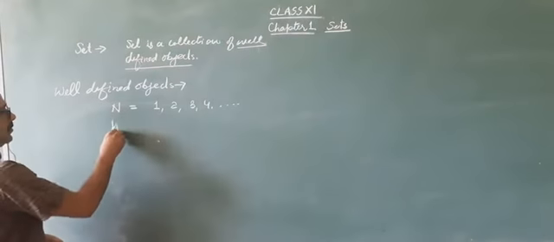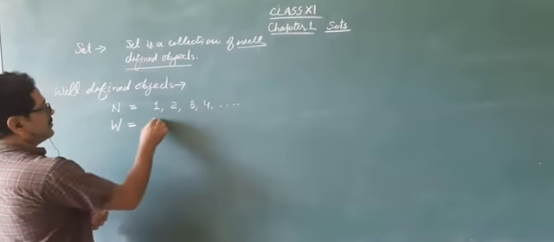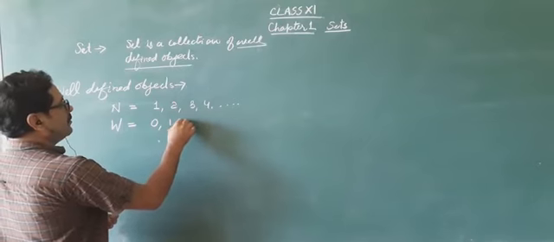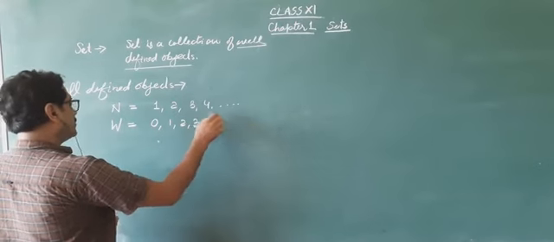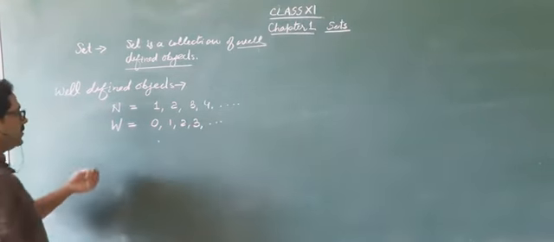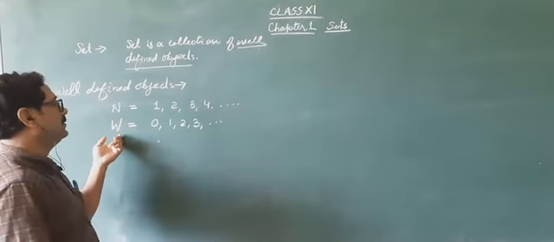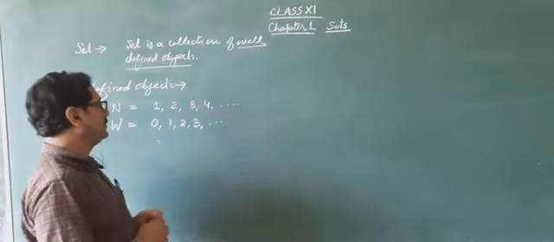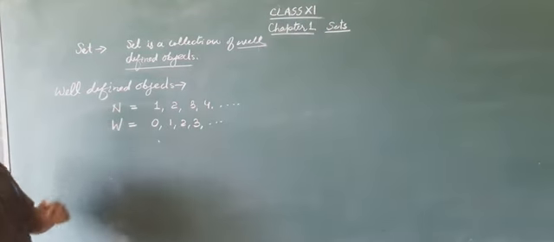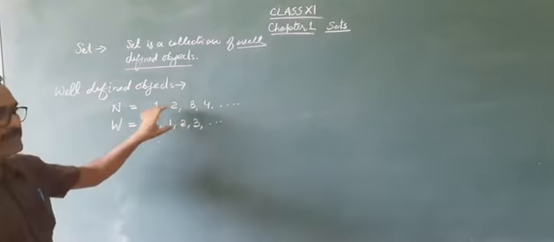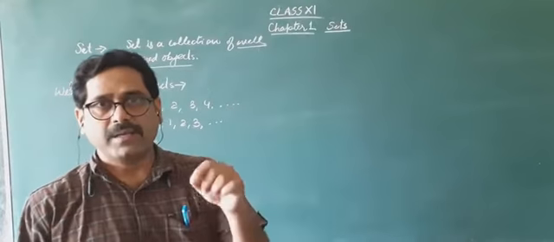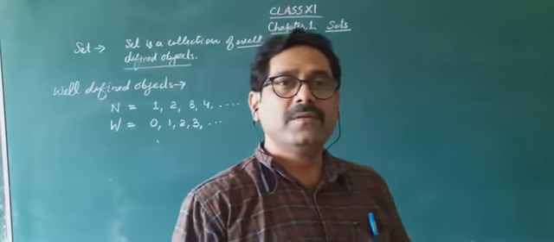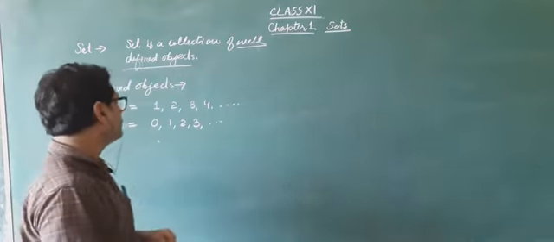So you can write 0, 1, 2, 3 and so on. W represents a collection of whole numbers. All these numbers have the property of whole numbers.